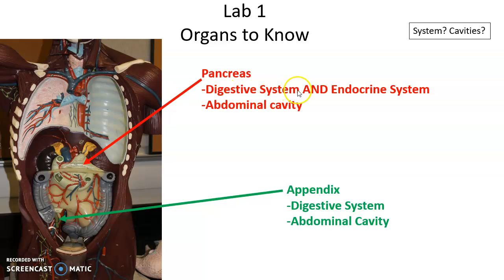Pancreas is in the digestive system and the endocrine system. So the pancreas is in 2 systems, the digestive system and the endocrine system, and it is found in the abdominal cavity. The appendix, which is technically part of the large intestine, is therefore part of the digestive system, and the appendix, this little squirrely bit here, is in the abdominal cavity.